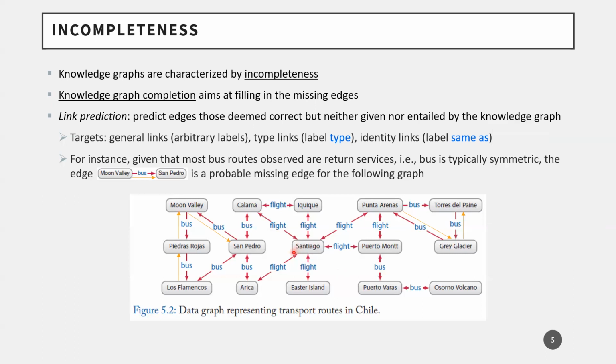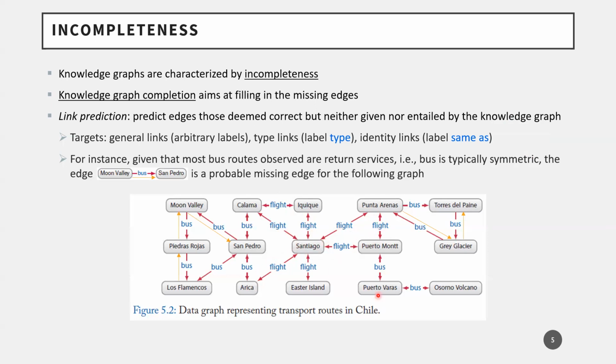For example, the flight links have both directions.